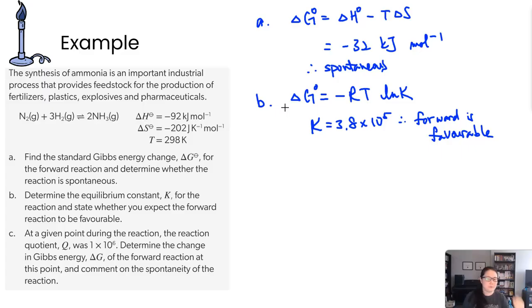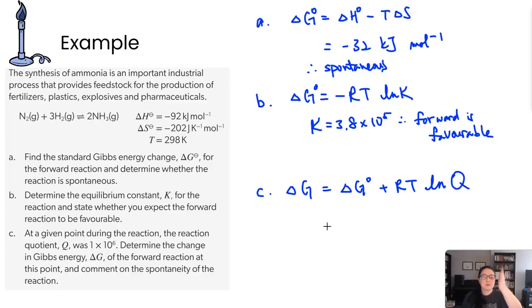So again, if the forward reaction is going to happen spontaneously, it is going to favor that forward reaction. So for that third one, they want you to find out what the delta G would be for that system at this particular Q value. So with these particular concentrations for your reactants and products, what is going to be the delta G?